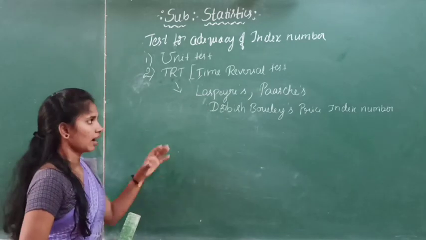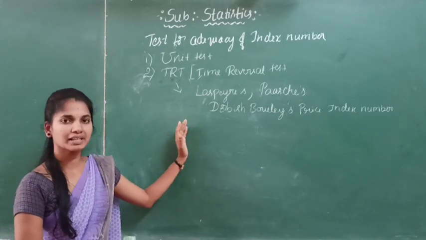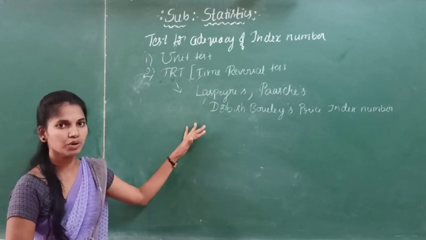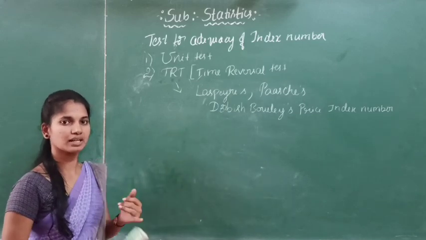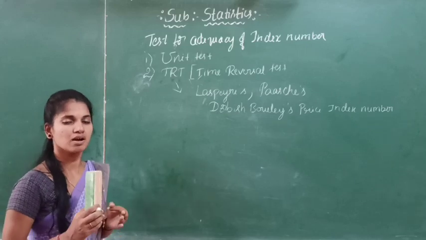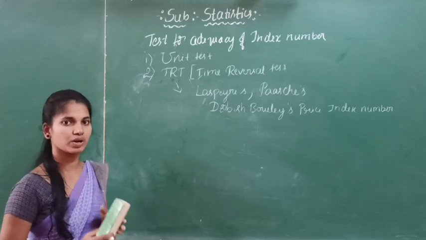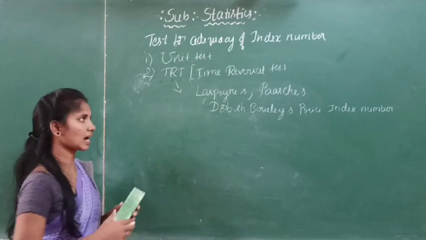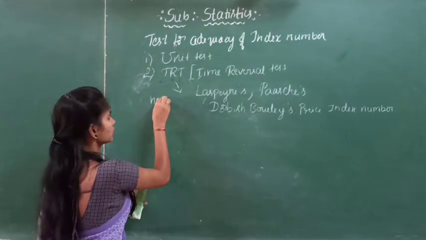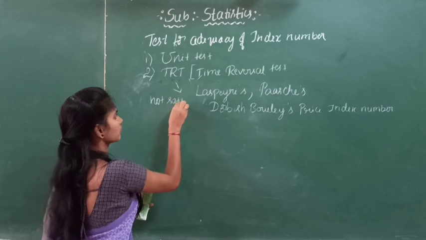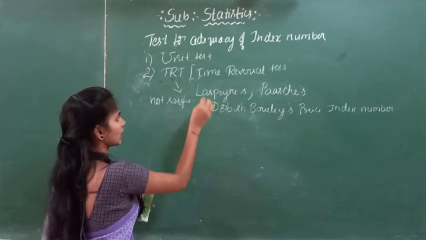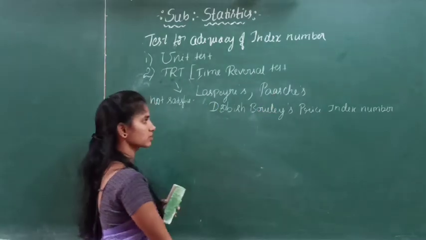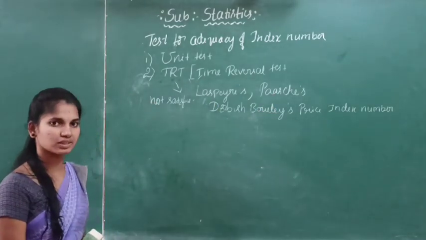As we already studied the weighted price index numbers, in the weighted aggregative method there are Laspeyres, Paasche, Marshall-Edgeworth, Drobish-Bowley and Kelly's methods. Here the time reversal test is not satisfied by Laspeyres, Paasche and Drobish-Bowley price index numbers.